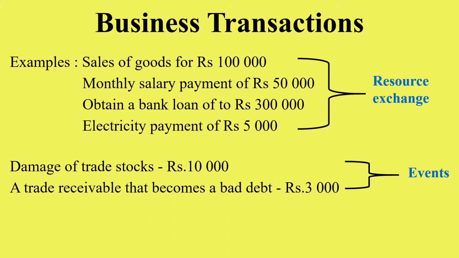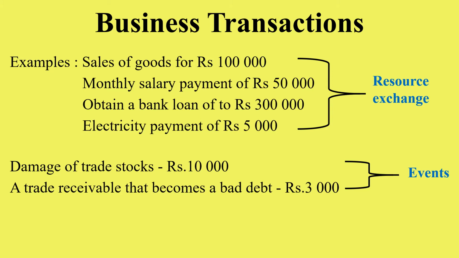In these transactions, the ones that are measurable in terms of money are the ones considered in accounting. For example, the sale of goods for rupees 100,000. So we are paying 100,000 to get goods. That is an exchange transaction and it is measurable in money.